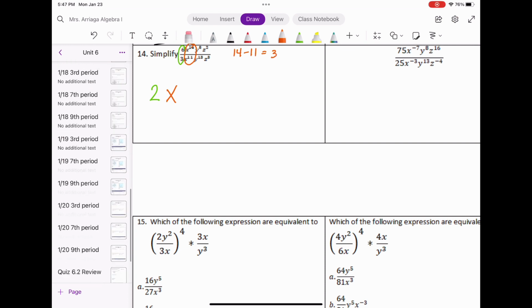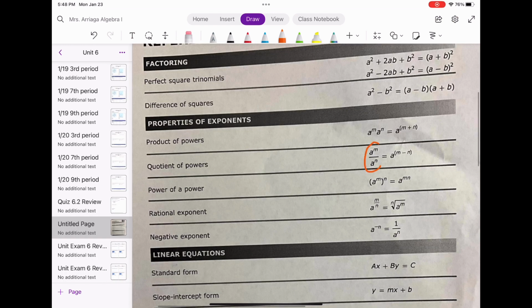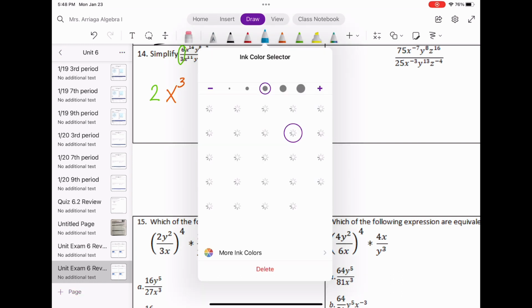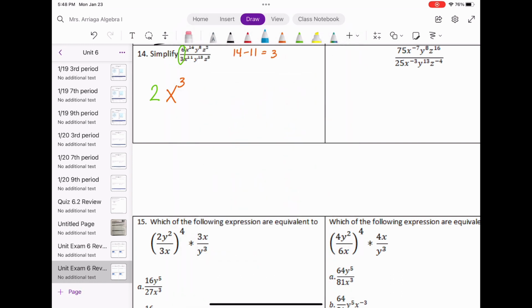And this is a reminder. We keep the same base and we subtract the exponents. So let's keep that x and subtract 14 minus 11. We get 3. So we write x to the 3. Now let's do the same thing to y. So we do y to the 8 divided by y to the 13th. So we keep the y and we do 8 minus 13.